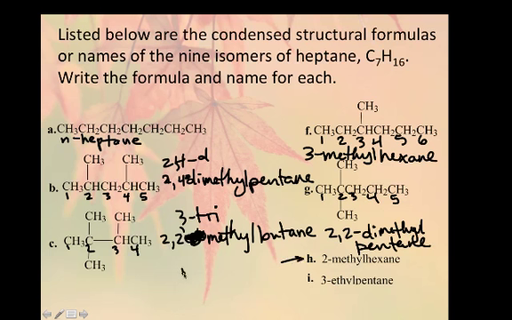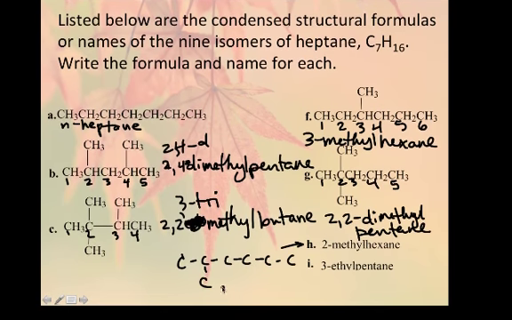What does that look like? So we draw the hexane, 4, 5, 6, and off the second carbon, put a methyl group there, right? And then 3-ethylpentane means we've got to have 5 carbons in a row, and hanging off of my third one, which is my middle one, my ethyl group, C2H5.